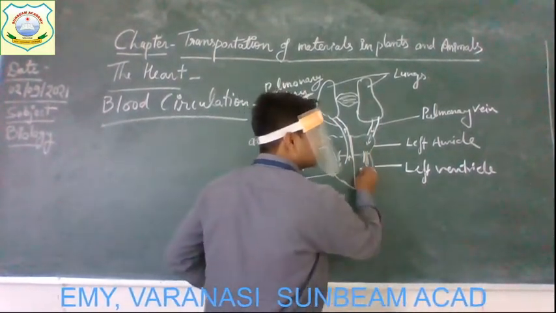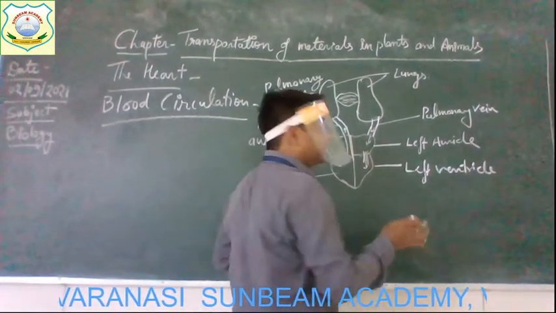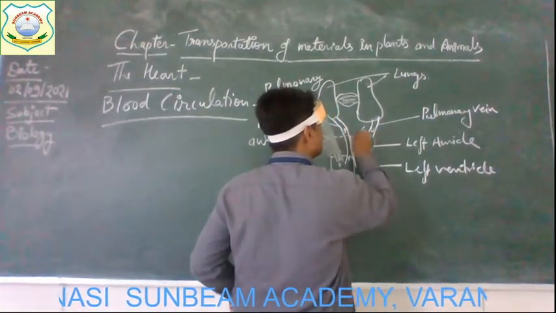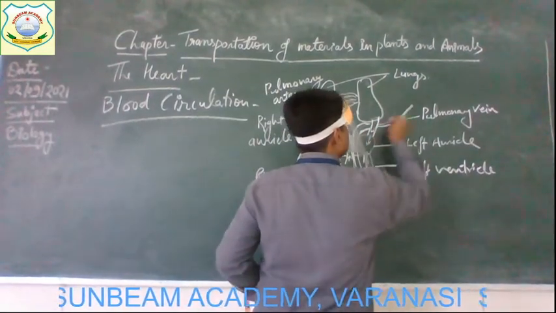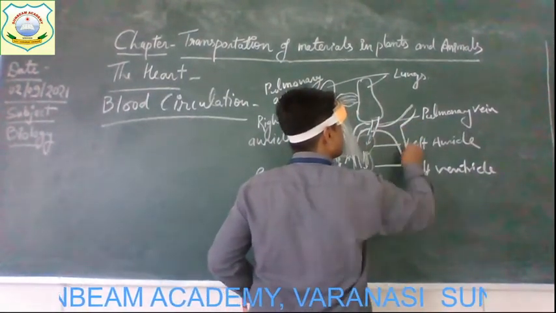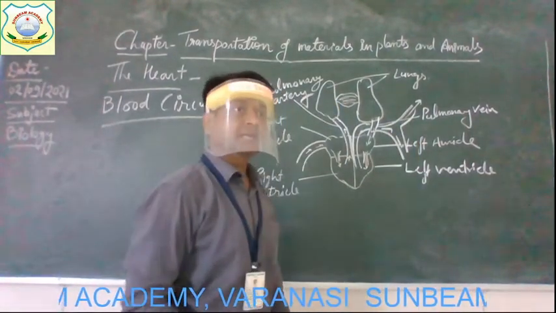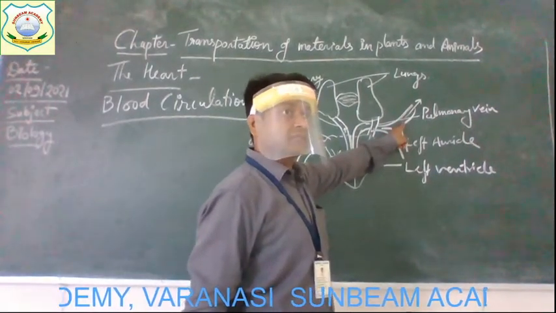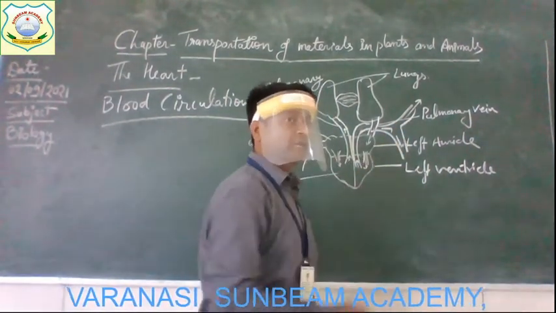And from this left ventricle, again the left ventricle is going to contract to send the blood to different body parts. Here, through this artery, the blood is going to flow to different body parts.